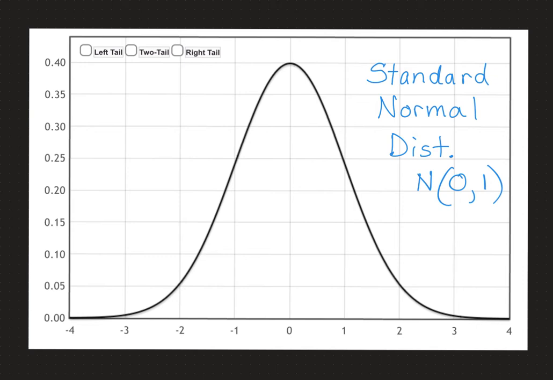To understand how we will get a more precise z star value, we will first have to look at the standard normal distribution. At the bottom of your screen and written on the graph itself, you will see reminders that the standard normal distribution has a center or a mean of 0 and a standard deviation of 1. So we go out 1, 2, 3, 4 on this graph, standard deviations below the mean, and up to 4 standard deviations above the mean.